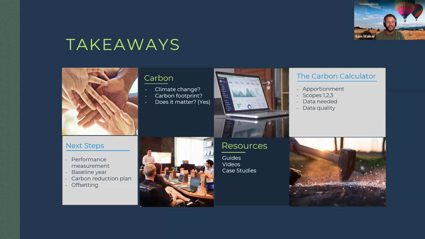The third section is what you do after you've worked out your carbon footprint: performance measurement, coming up with a baseline year, and then a carbon reduction plan so you can identify your carbon hotspots and start reducing your greenhouse gas emissions. Right at the end, I'll spend a couple of minutes highlighting some resources you can take away to learn a little more about what we covered today.